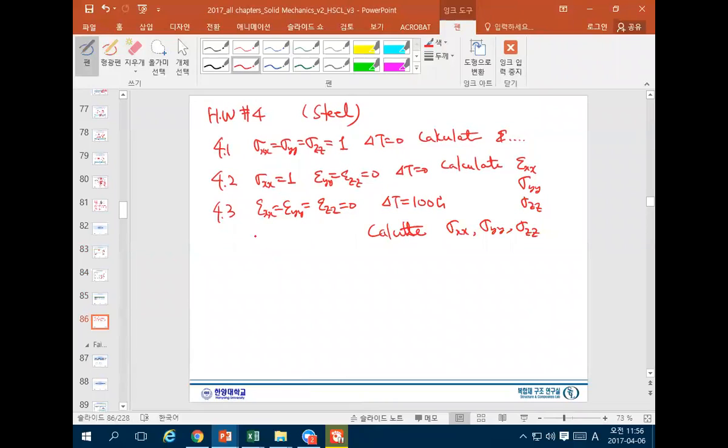Up to here, all sigma ij, and sigma xy and sigma yz and sigma zx, they are all the same. Okay, all 0. Sorry, all 0. I will put these things here.